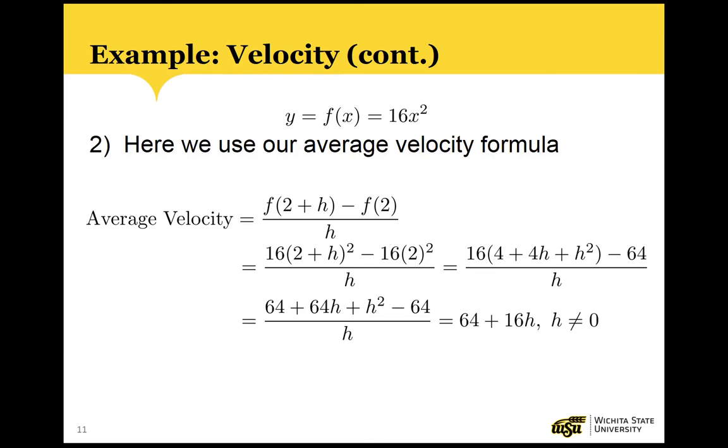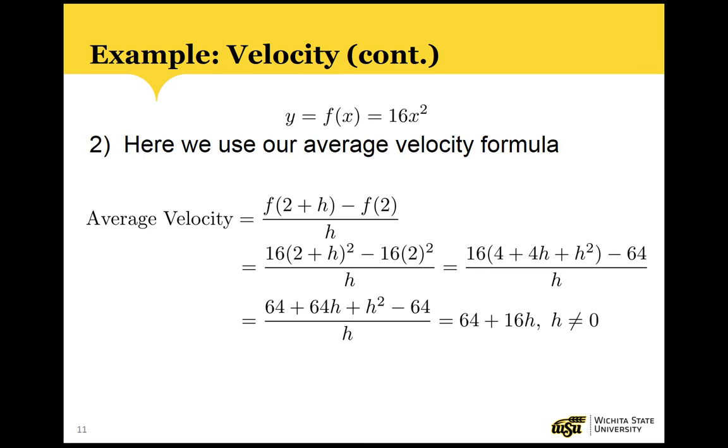Here we use our average velocity formula in the form of a difference quotient. f of (2 plus h) minus f of 2, divided by h, is equal to (16 times (2 plus h) squared minus 16 times 2 squared) all over h, which equals 16 times the quantity (4 plus 4h plus h squared) minus 64, all over h.